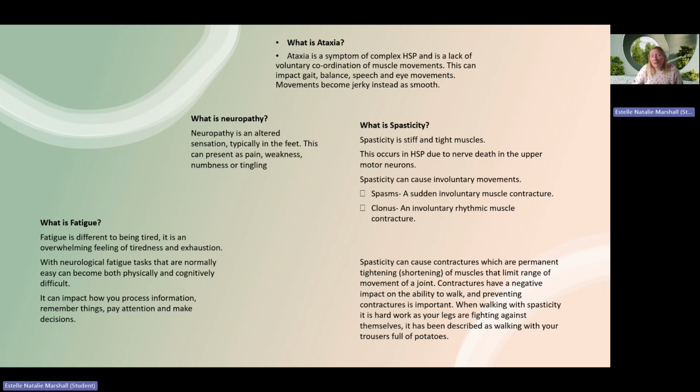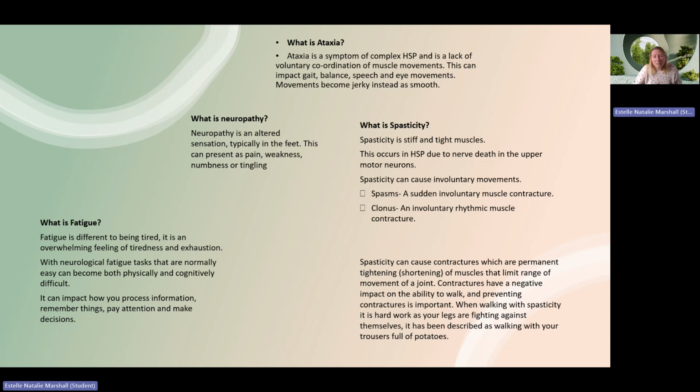And then we're looking at spasticity. What is spasticity? So spasticity is when you've got tight, rigid muscles. So when a muscle's switching on and not switching off again.